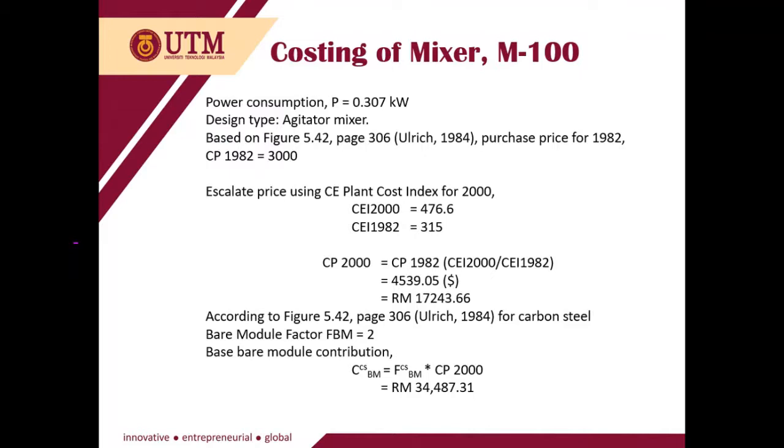CP 1982 is 3000. Escalate price using CE Plant Cost Index for 2000. CE Index for 2000 is 476.6. CE Index for 1982 is 315. Then the CP 2000 we will get is around 17,000 ringgit.